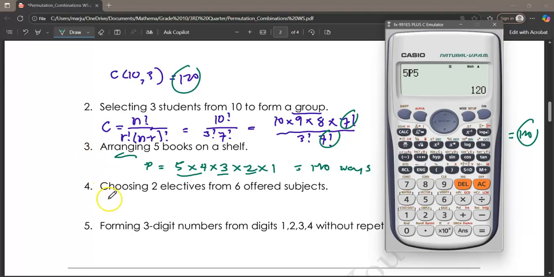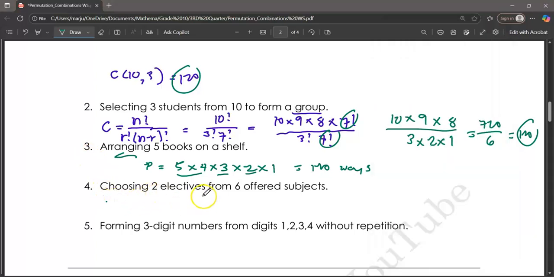Let's do number 4. Choosing 2 electives from 6 offered subjects. We don't care about the order here, so this is a combination. And how do we do combination again? This formula. So we're going to say 6 factorial divided by 2 factorial times 4 factorial.